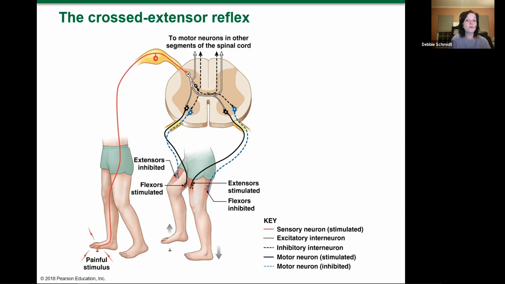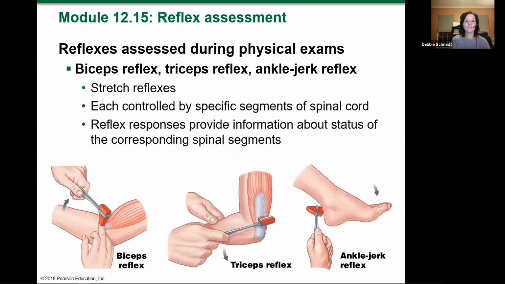On the other hand, you can't fly, so we have to now reverse the other leg because you were walking along, and now we have to have the extensors stimulated to extend that foot down so we can shift our weight, and inhibit the flexors that were mid-step before. Okay, so it gets more complicated. Just understand that this is a crossed extensor reflex, more synapses, a polysynaptic reflex. It is slower.